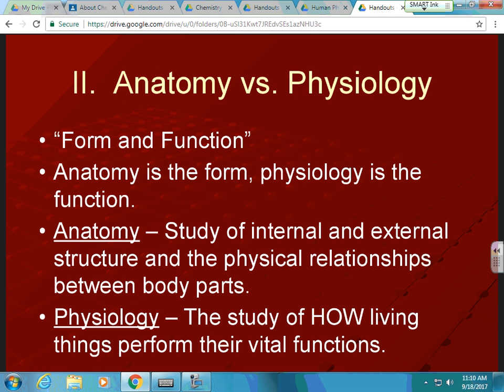So that's the physiology. Now, a lot of times, the form is dependent on the function. If an organ has to do something or a body system has to do something, it's probably going to be located in a certain spot or have a certain shape. The example I've been using a lot today between form and function, that the form is usually dependent on the function.